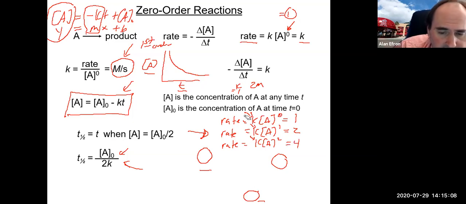So here you can see that going from 0 order to first order in this condition, the rate would double. Going from 0 order to second order, the rate would quadruple. While going from a first order reaction to a second order reaction, keeping everything else constant, the rate would double.